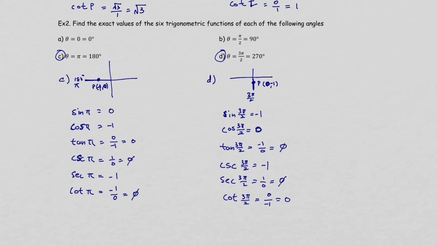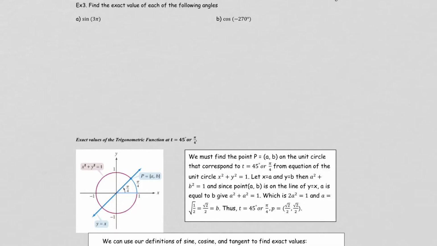And this is very similar to the last problem of example 1, but I'm going over a few more here. Example 3 is asking to find the exact value of each of the angles, right? So the first one we're looking at is sine of 3 pi.